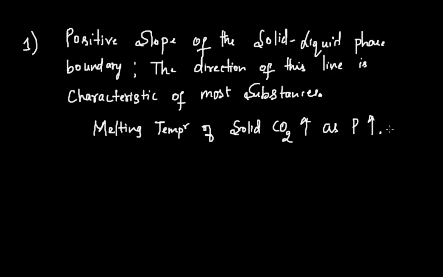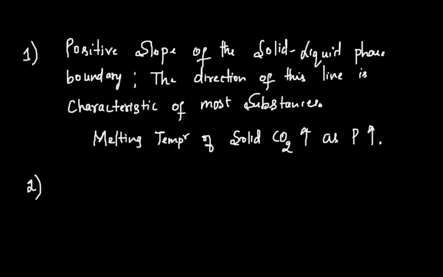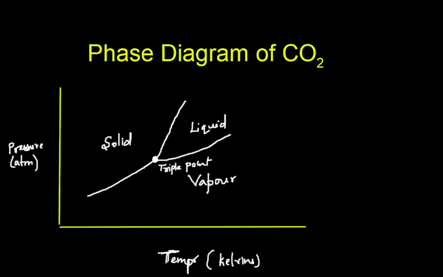As simple as that. The second thing to notice is, I'm not, of course, giving you the values, but if I put values, this corresponds to about 5.11 atmospheric pressure.